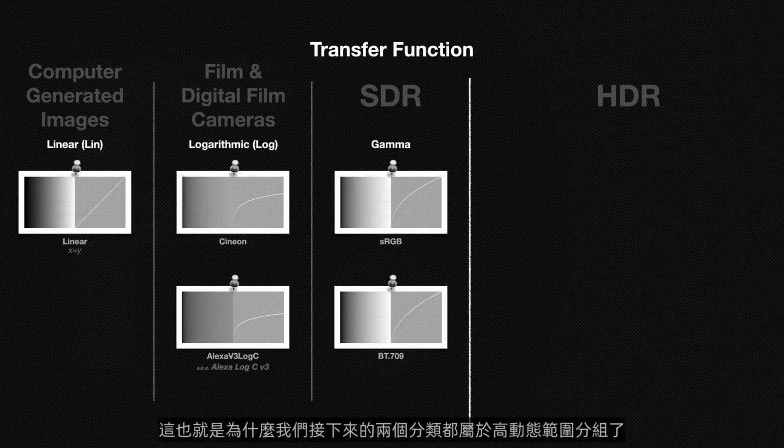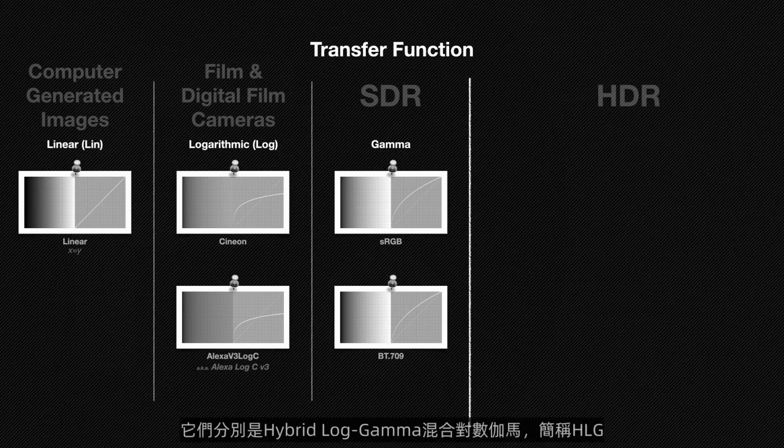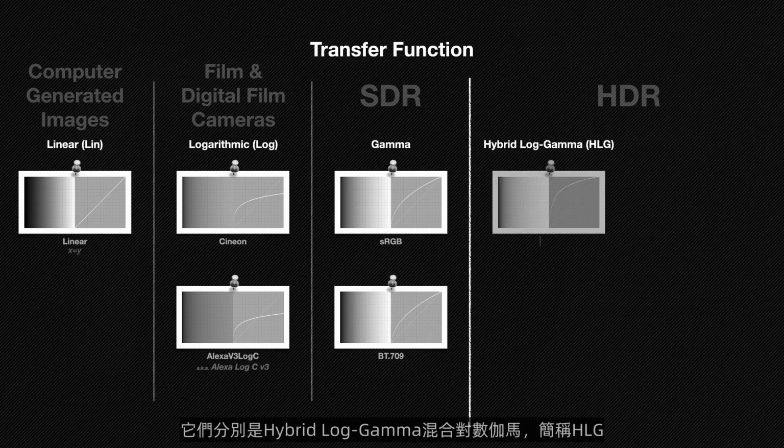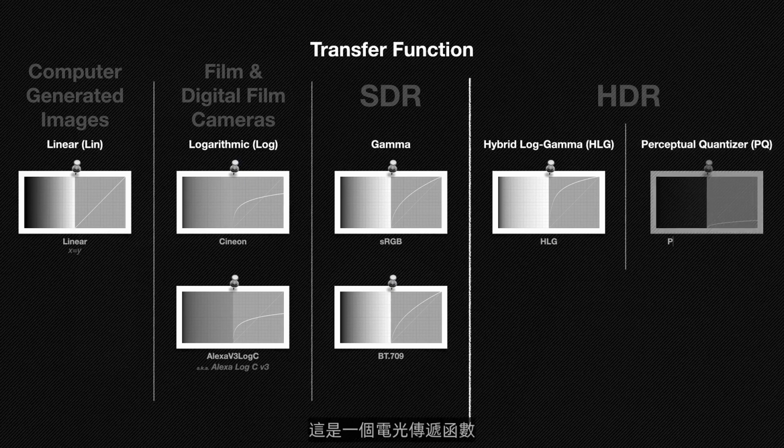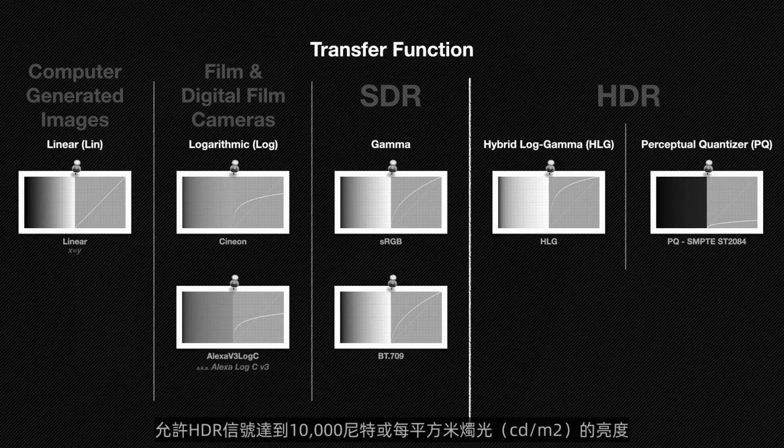So that's why our next two categories fall under the high dynamic range group, and they are hybrid log gamma, or HLG, combining both functions, the logarithmic and the gamma, in one curve, and the perceptual quantizer, or PQ, which is an electro-optical transfer function that allows an HDR signal with a luminance up to 10,000 nits, or candelas per square meter, as we will see later.